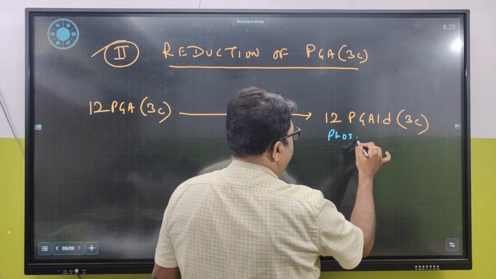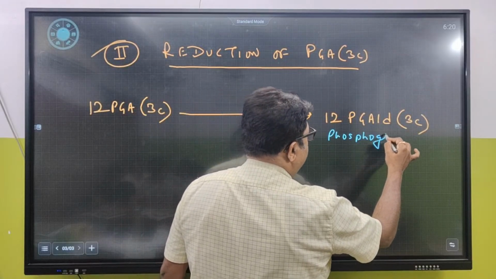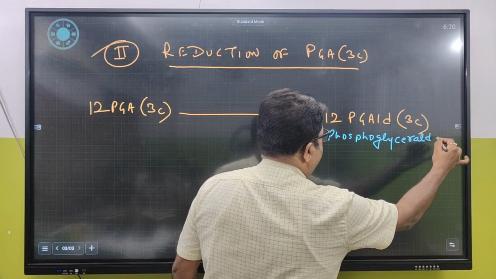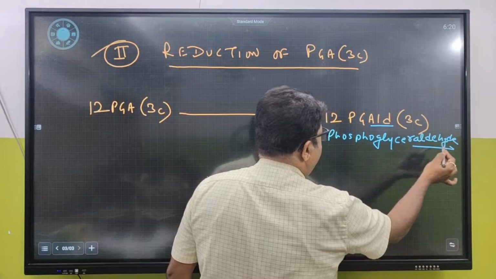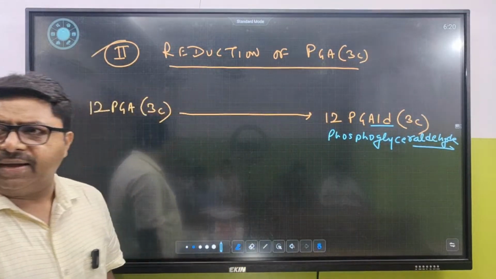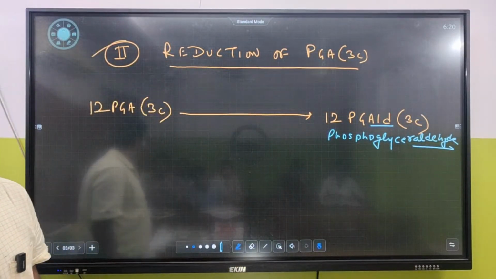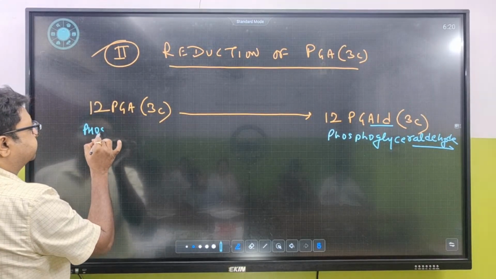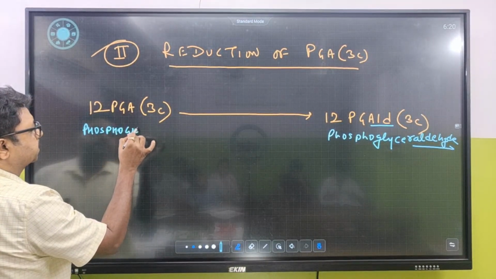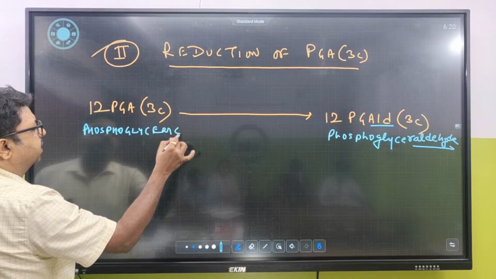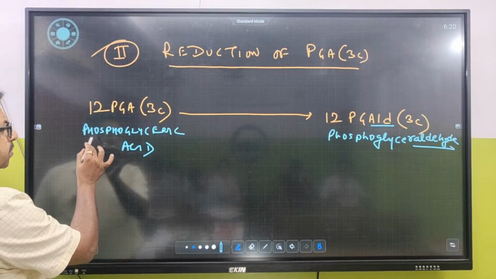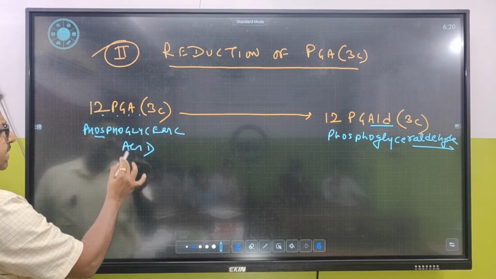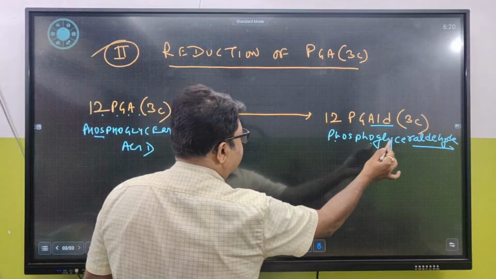Phosphoglyceraldehyde. ALD for aldehyde. So 12 molecules of phosphoglyceric acid change into 12 molecules of phosphoglyceraldehyde.